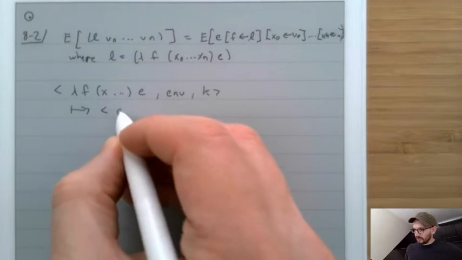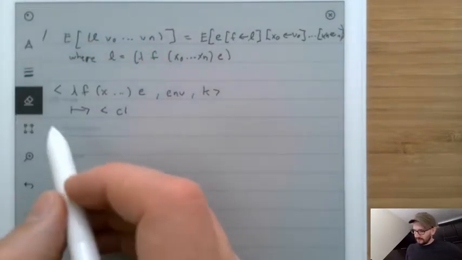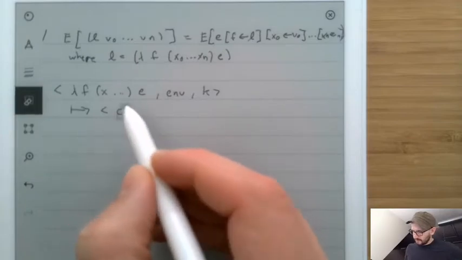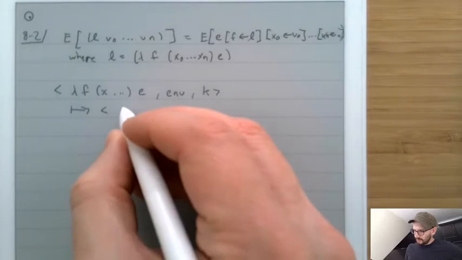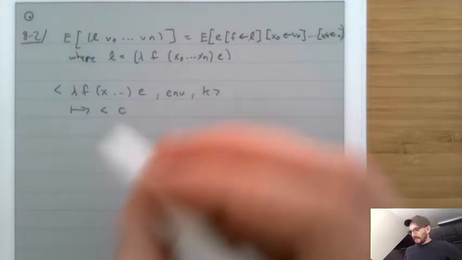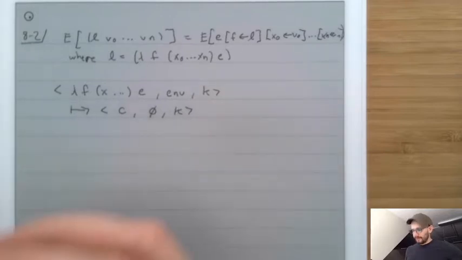So it's going to go to a closure. Let's write that as just C. So a closure named C. And it's going to have an empty environment, and the continuation is going to be K.